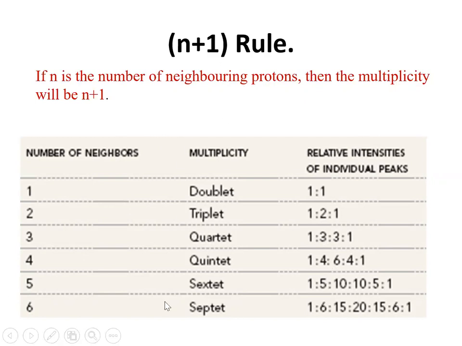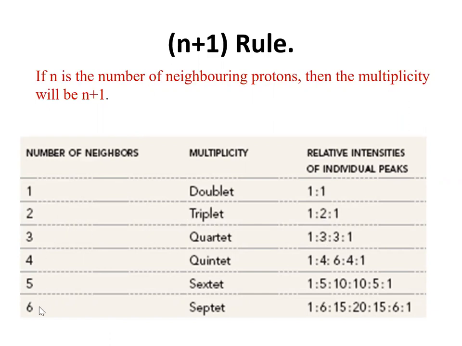Okay, here a table has been given to get the relative intensities of individual peaks. If the number of neighboring protons is 1, then we get a doublet of intensity 1:1. If the neighboring protons are 2, then we get a triplet with intensity ratio 1:2:1. For 3 neighboring protons, we get a quartet, 1:3:3:1.